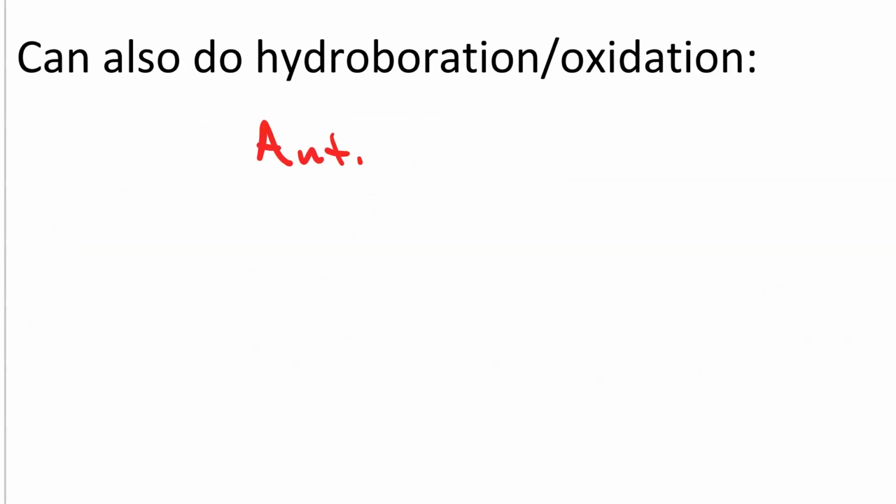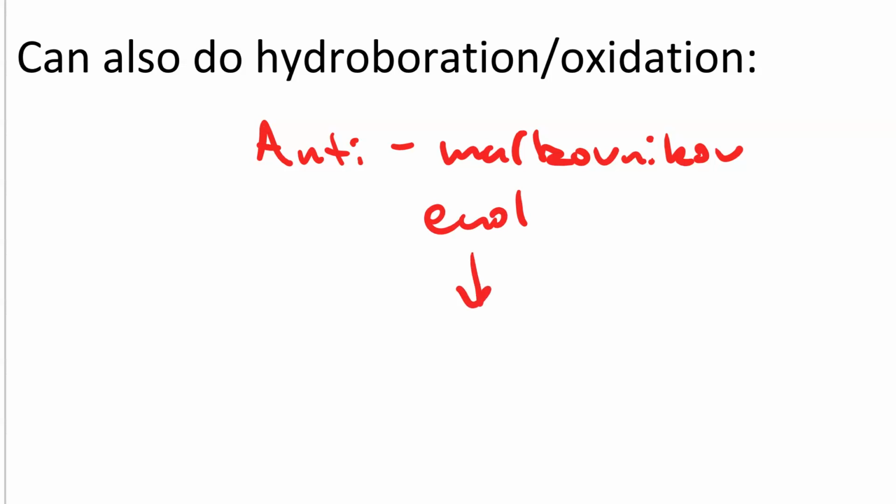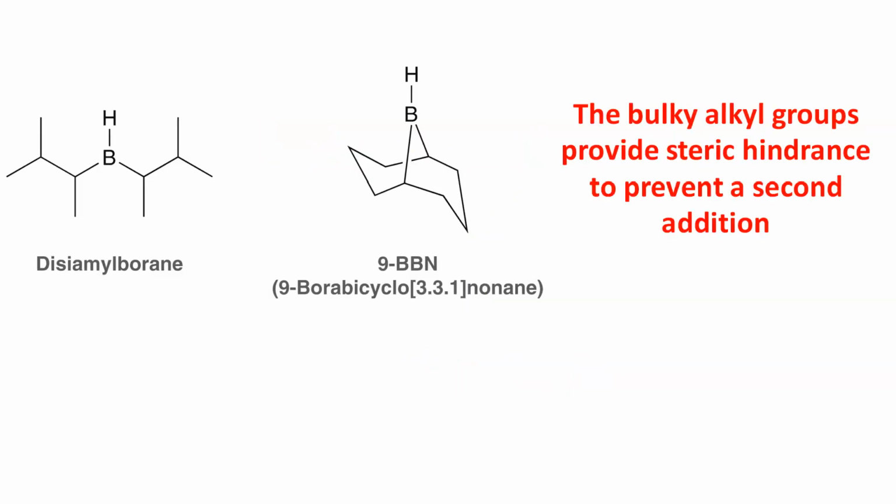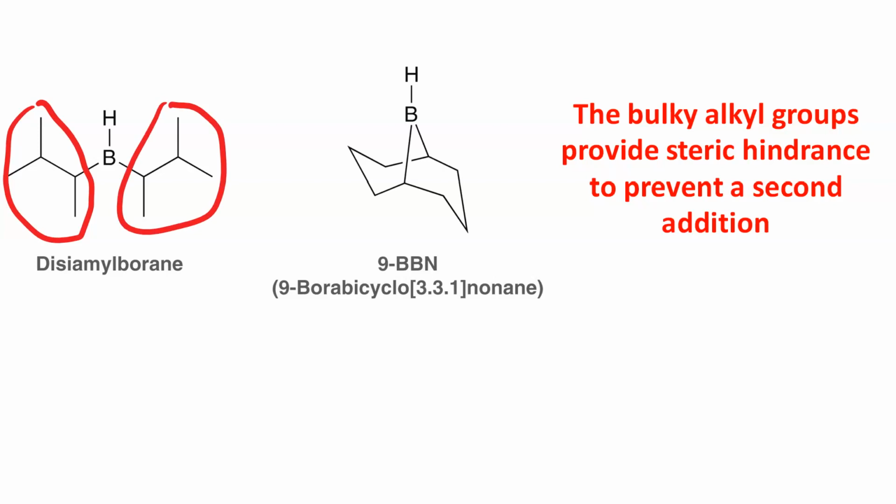Hydroboration oxidation gives us the anti-Markovnikov enol, which then becomes an aldehyde. But instead of using borane, we use a dialkyl borane, right? Like having two alkyl groups. In this case, two siamyl groups.